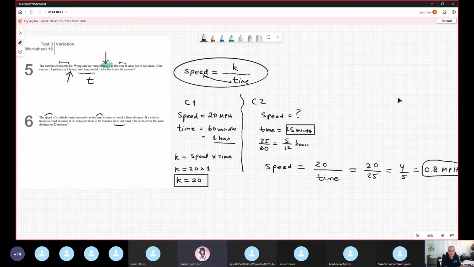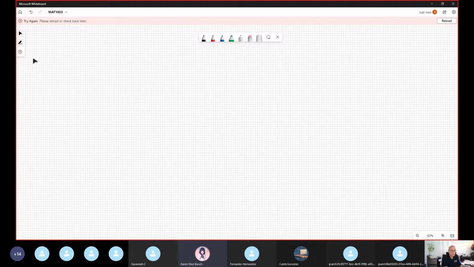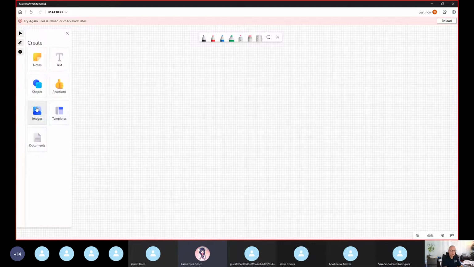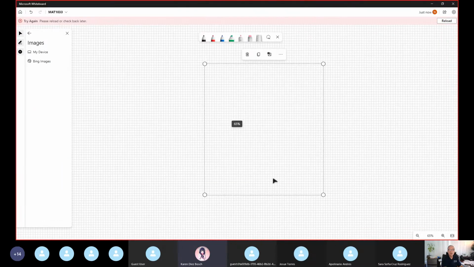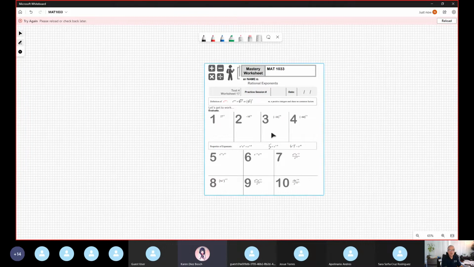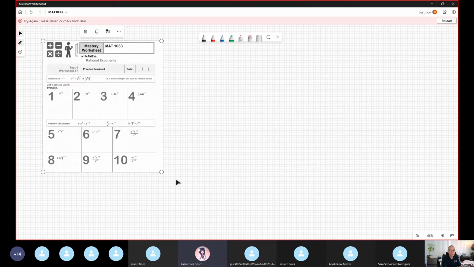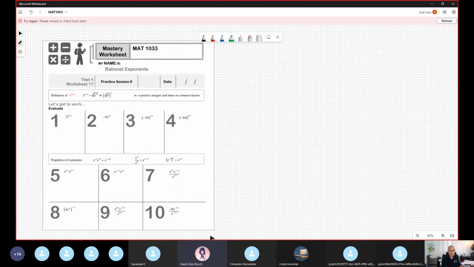Okay, this is page 4. Now let's move on to page 5 and the review. I like that part. The part is easy. There's the manipulation of fraction exponents, and using the rules of exponents.